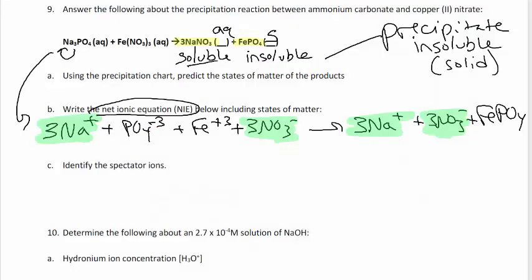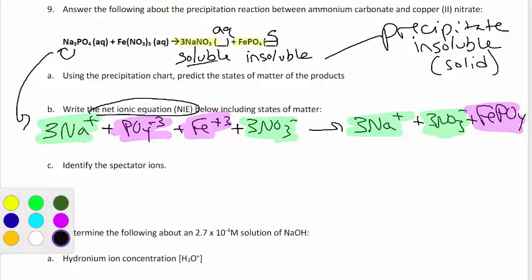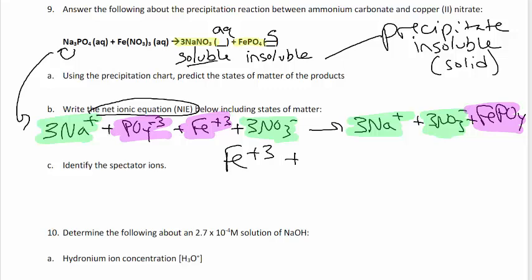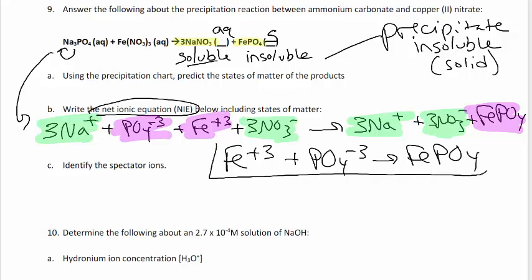So I'm going to show the iron and the phosphate on the left side broken apart, turning into the iron phosphate, which is a solid on the right side. So it's going to look like this. The iron ion that's +3 plus the phosphate ion that's -3 makes iron phosphate. This is what we're looking for. If you want to do the first step first and then cross things out to get this final one, that's fine, but we're really looking for this last step here.